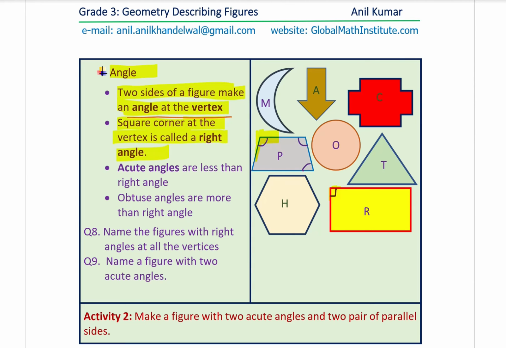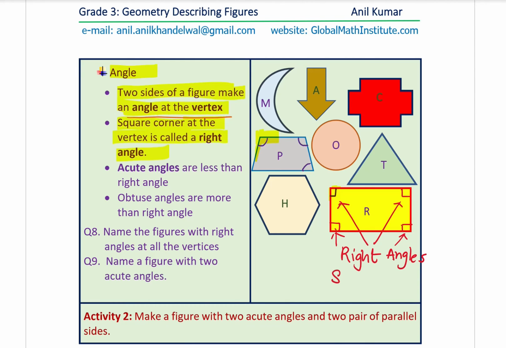So let me now mark right angles. So these are your right angles. Do you see that? Is that clear? This is also a right angle. That is also a right angle.